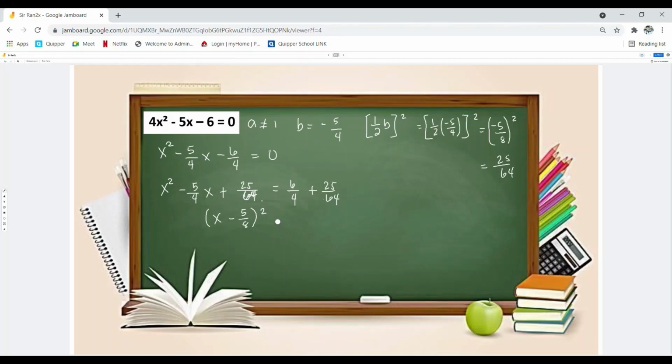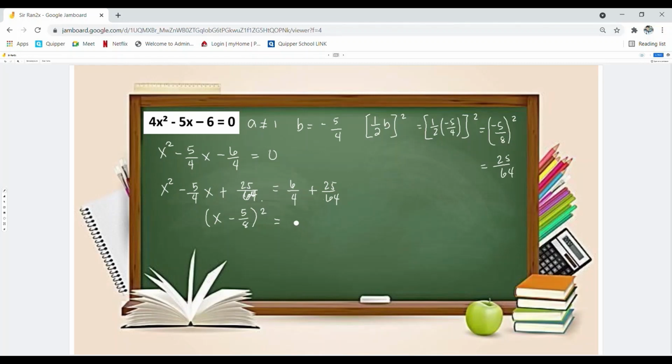Now what are we going to do to simplify it? Usually what you do is get the LCD. But we'll just make it similar by simply making the denominator of 6 over 4 a 64. What do you multiply to 4 to make it a 64?